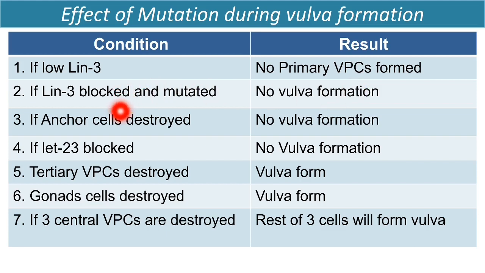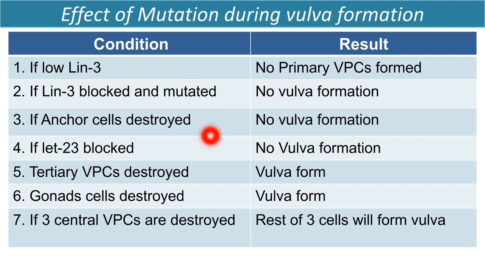Now coming to the second case, that is if Lin-3 is blocked or mutated. In this case also, there will be no vulva formation, same as the first case, because Lin-3 is important for vulva formation.